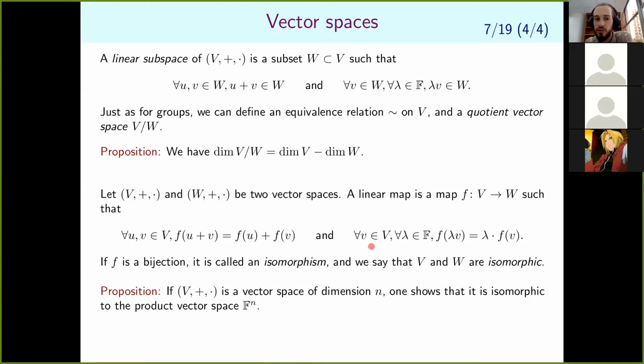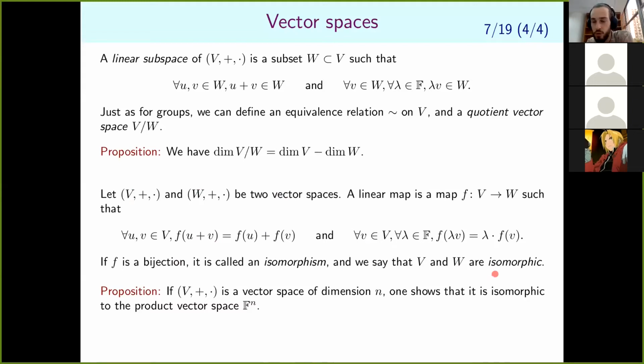If such a linear map is a bijection, we say that the map is an isomorphism of vector spaces. And in this case, we say that the vector spaces V and W are isomorphic.